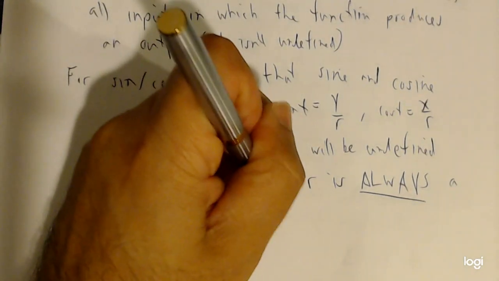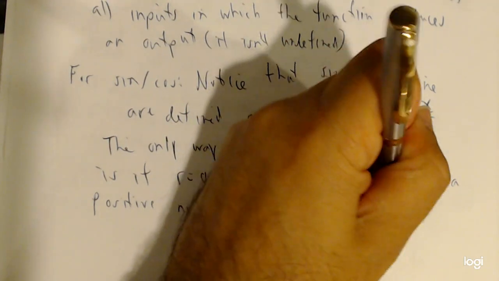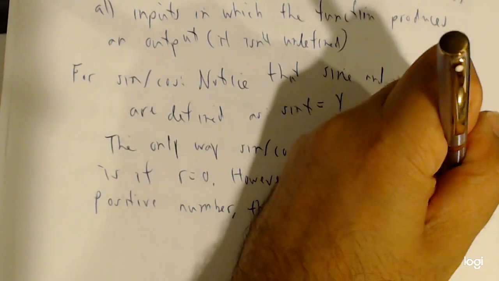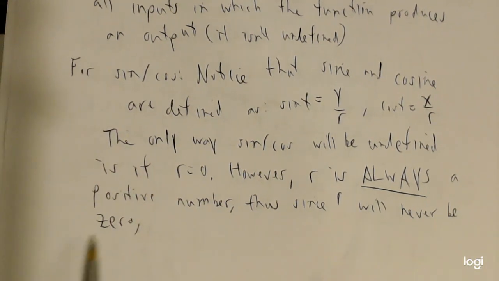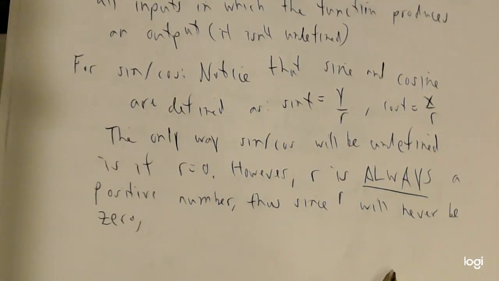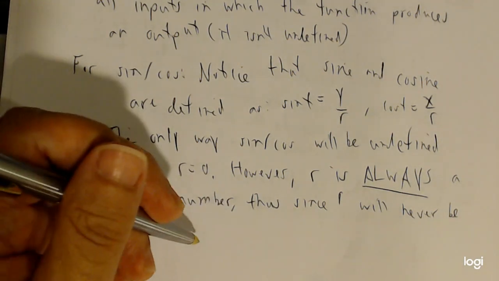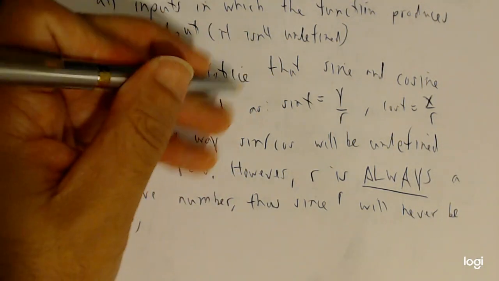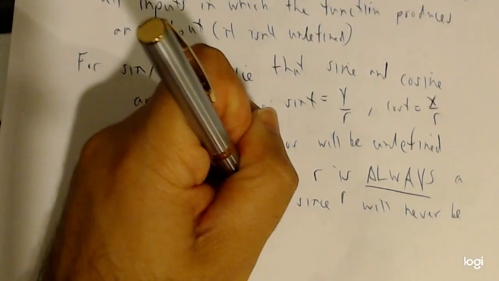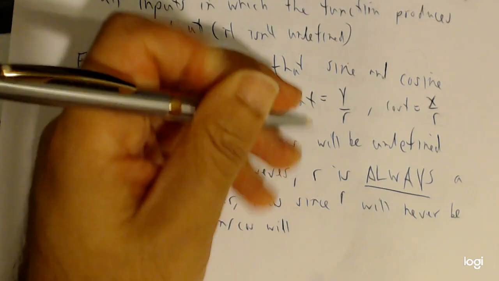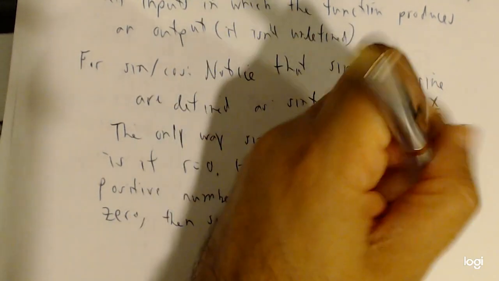Thus, since r will never be 0, so if r will never be 0, what does that mean about sine and cosine? Sine and cosine will never be undefined. So if it'll never be 0, then sine and cosine will never be undefined.